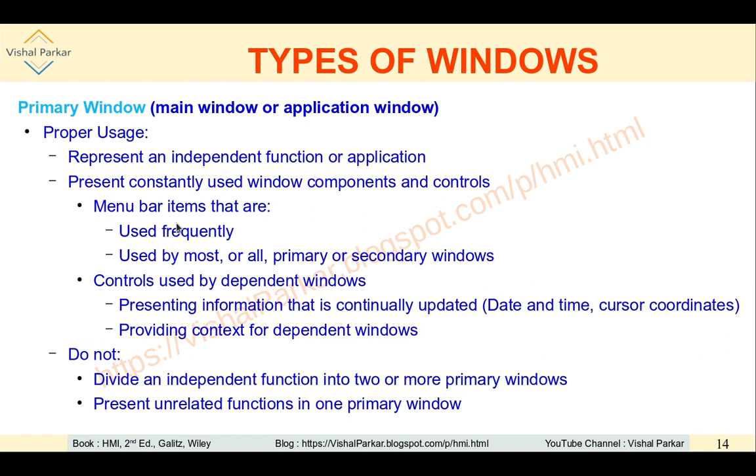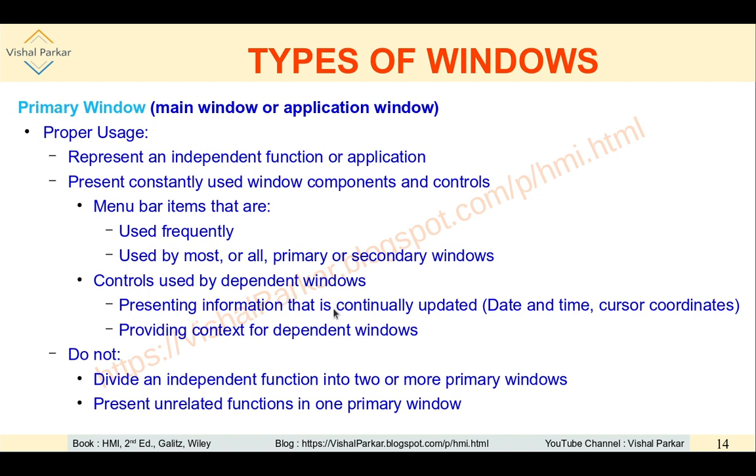So menu bar items which are used frequently or which are used by most or all primary or secondary windows. So this is one control. Next, controls which are used by dependent windows. We'll see the secondary windows next, where the controls which operate on those windows will also be present on the primary windows.